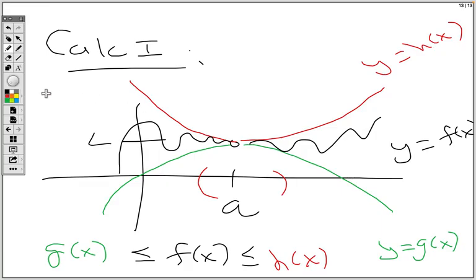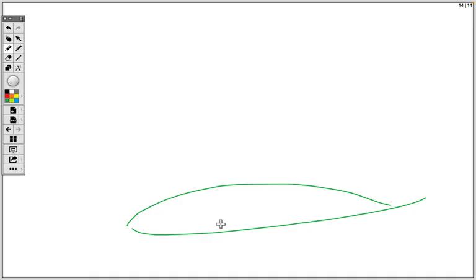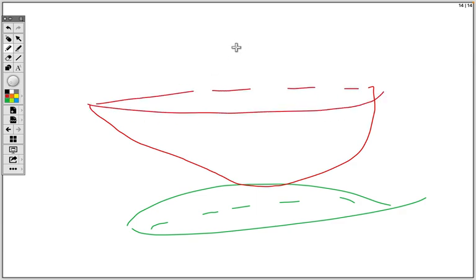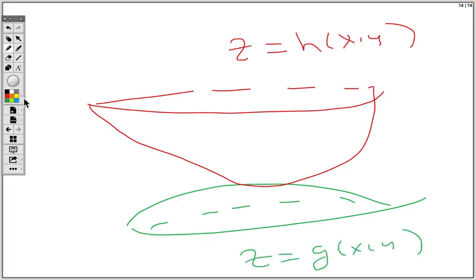And the same thing happens in two dimensions. Only in two dimensions, you'd be looking at surfaces. So you'd have this surface z equals h of x, y, and your surface z equals g of x, y, and then you'd have your surface f of x, y somehow coming in between.